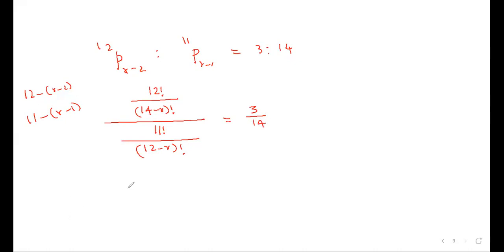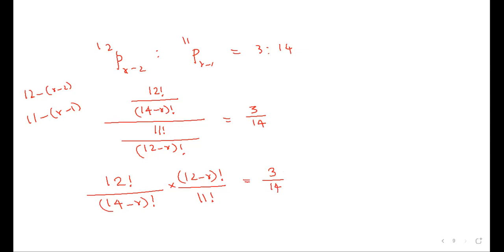Now cancellation will be done. First I will reverse and multiply. 12 factorial divided by (14 minus r) factorial, multiplied by (12 minus r) factorial divided by 11 factorial.